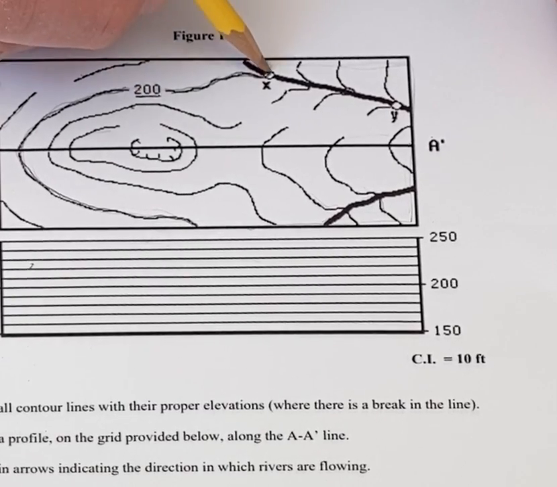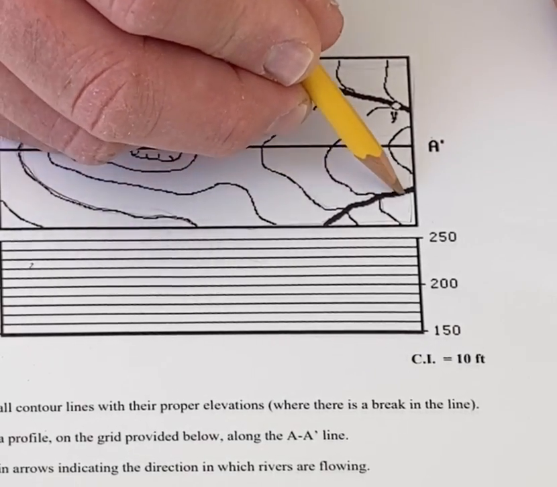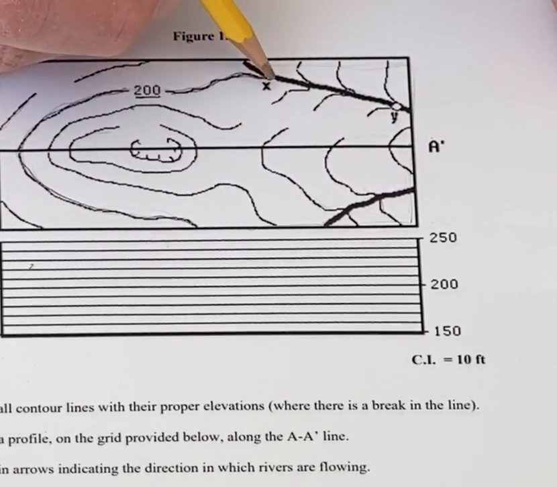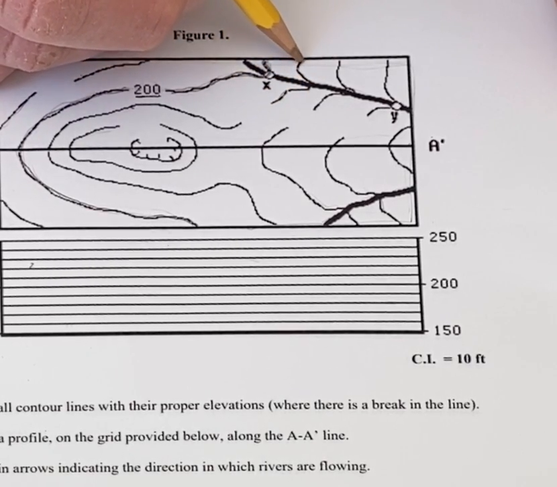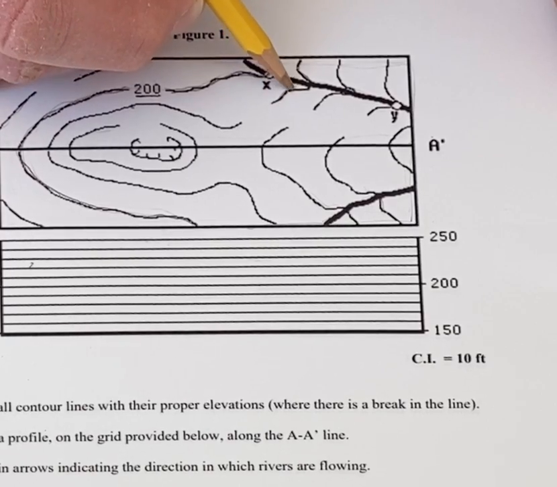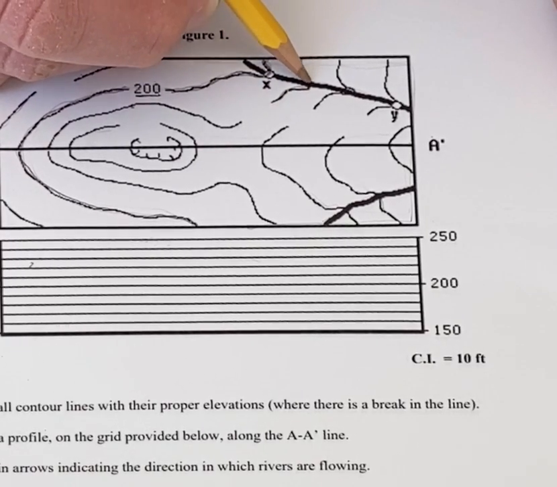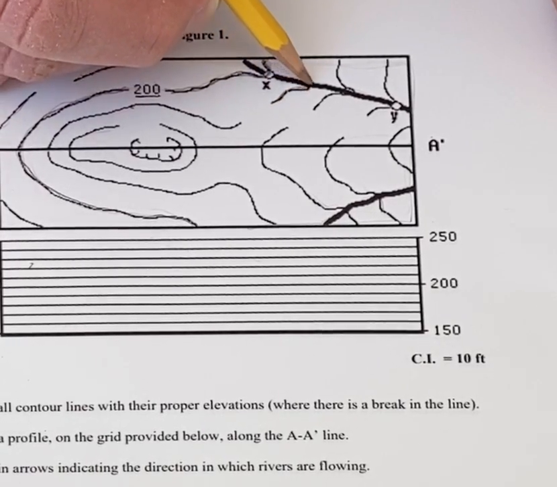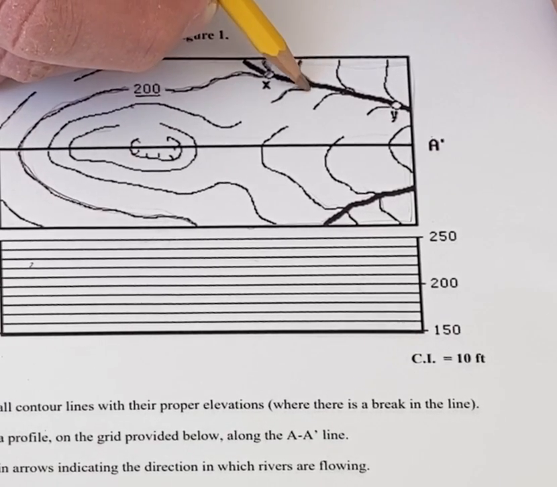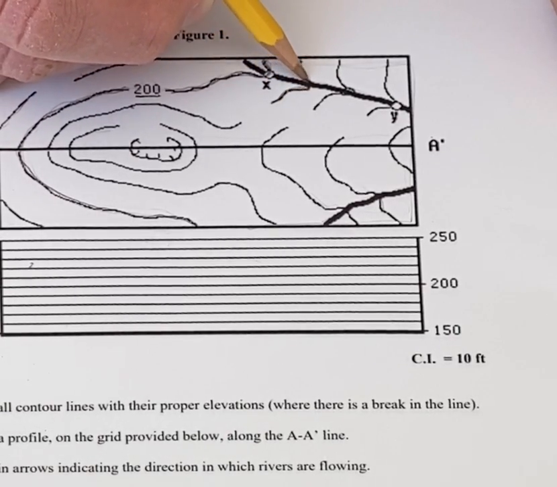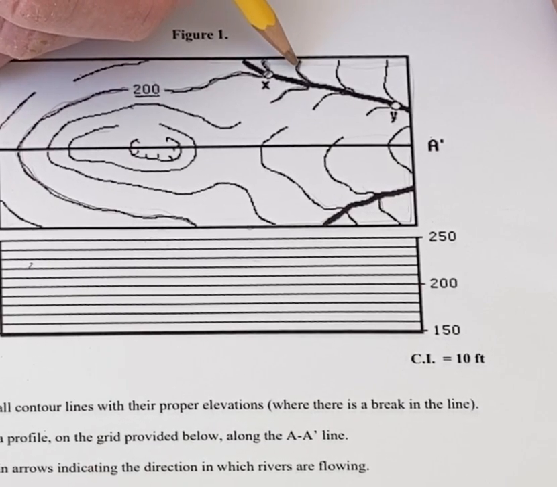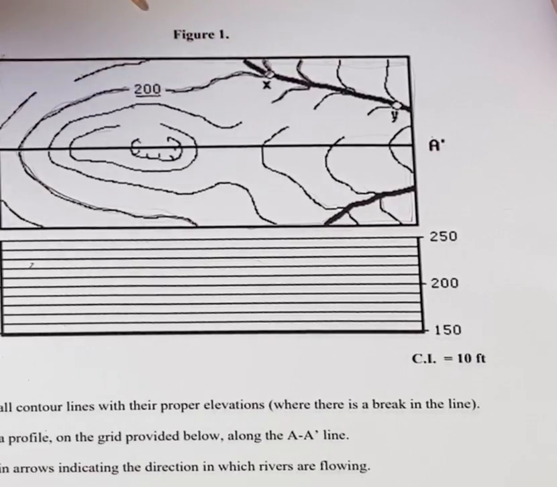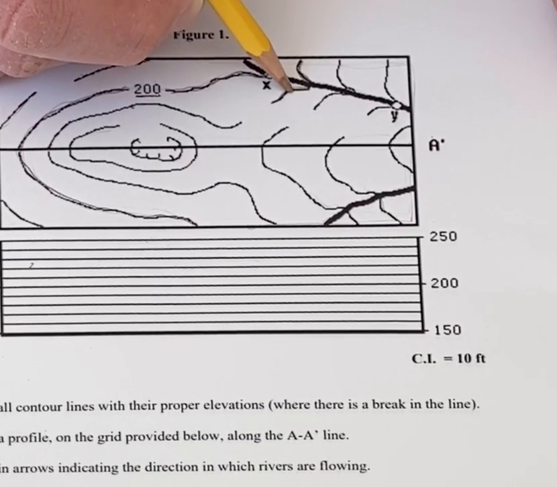Now, if these are indicated as rivers, this dark line, then if we have a contour line that comes in like this, that's going to indicate one of two things. It's either going to indicate some sort of canyon or valley, or it could also indicate some sort of peninsula.